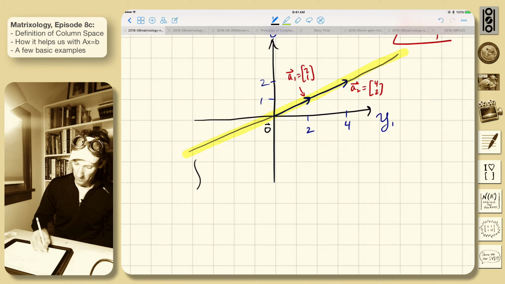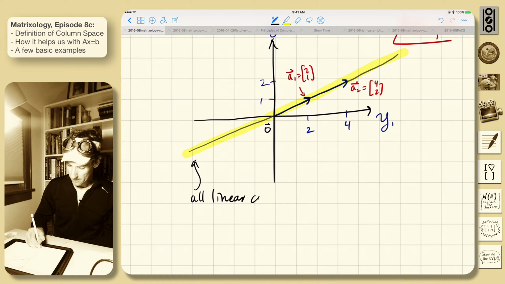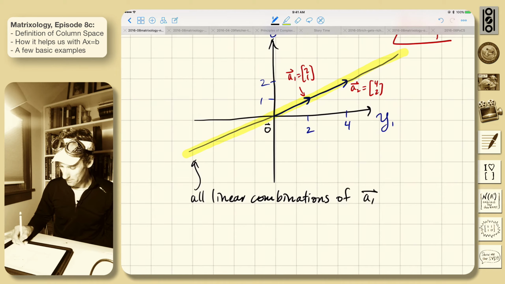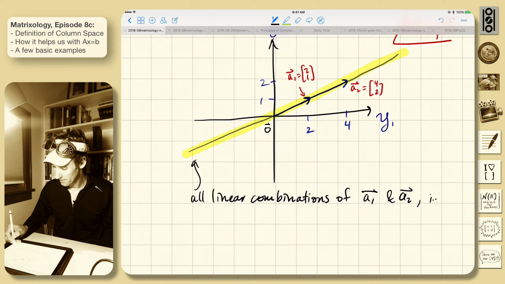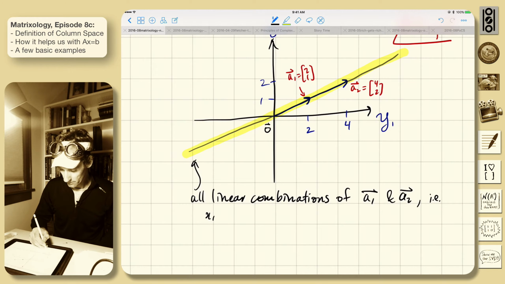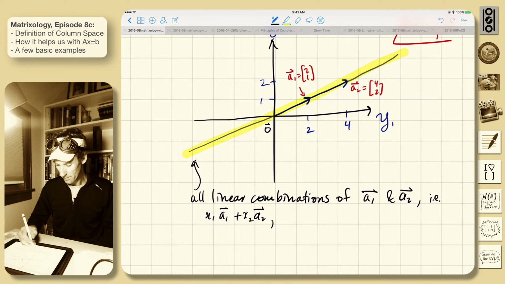So let's write that. So all linear combinations of a1 and a2, right? Which is exactly the column picture, right? i.e. x1 times a1 plus x2 times a2 live on this line.